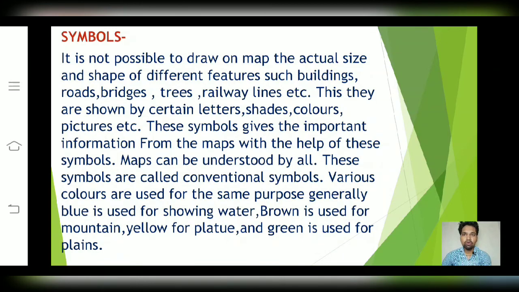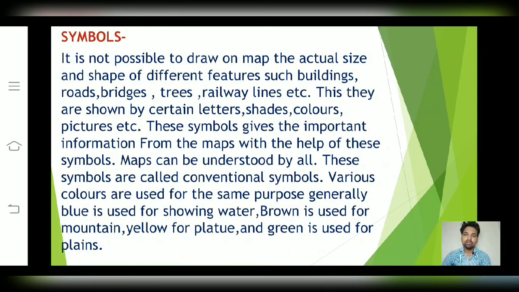So for doing this, these symbols are used, and these symbols give the important information from the map that we want to use. Friends, these maps are made in such a manner that a common person can also understand. The symbols are used in such a manner that everyone knows about them.